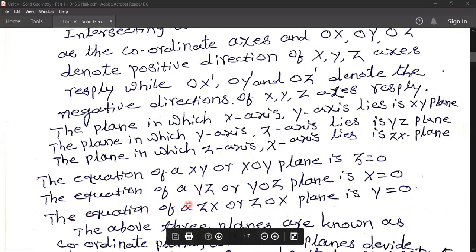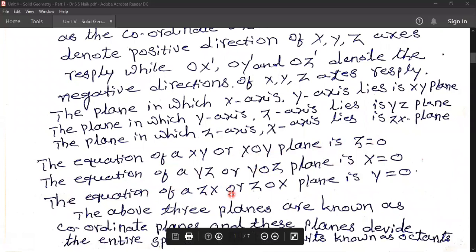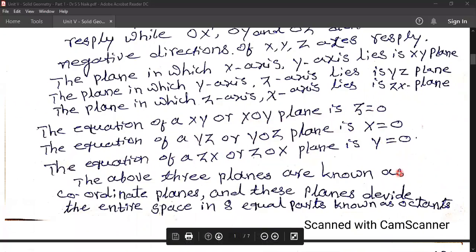The equation of the zx plane, that is the ZOX plane, is y equals 0. The above three planes are known as coordinate planes. That is, the xy, yz, and zx planes are known as the coordinate planes.